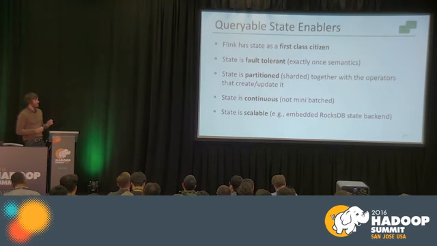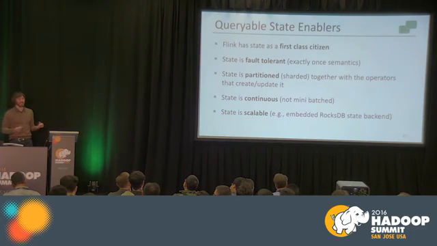The third point may not be very obvious, but in order to do this, it's very important that the data structures that hold the state actually stay around. If you embed the state inside an operator, and the operator comes and goes every time because you're running in some form of mini-batch paradigm, then this is not very easy to do.